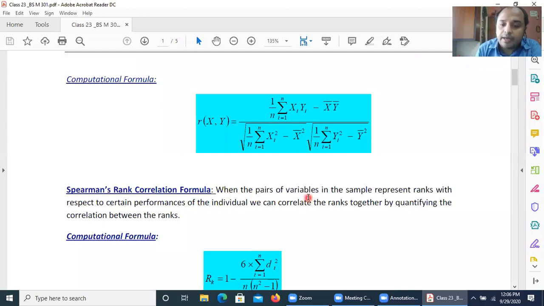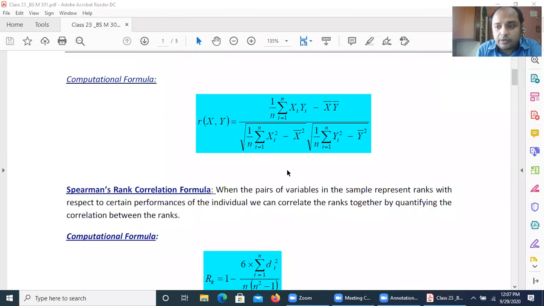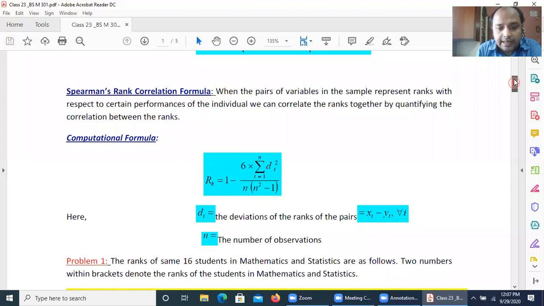So when the pairs of variables or observables in the sample represent ranks with respect to certain performances of the individual, we can correlate the ranks together by quantifying the correlation between the ranks. Okay, and the computational formula, let me save the chat, otherwise I shall forget. Now, therefore, the computational formula for the Spearman's rank correlation goes like this.